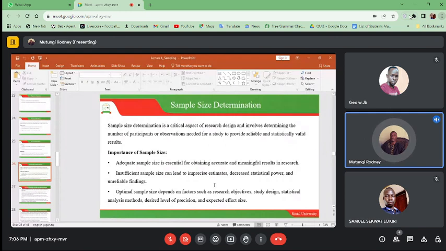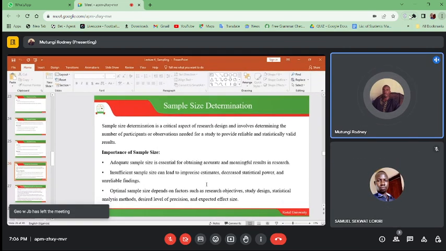So in our example, where we are targeting 1,000 respondents in Juba to assess for stunting among children, if instead of getting 1,000, which would be our desired sample size, we got, for example, 10 out of 1,000, that would be a very insufficient sample size.